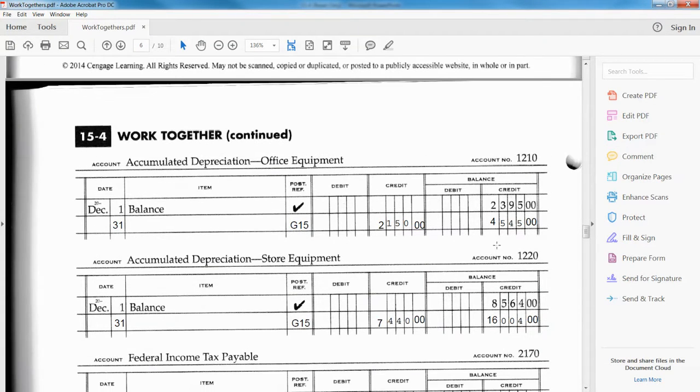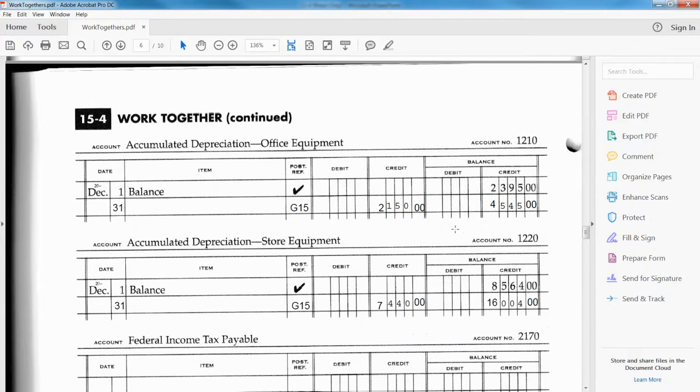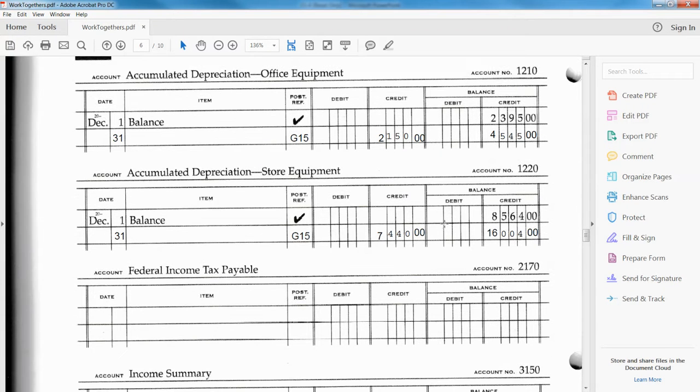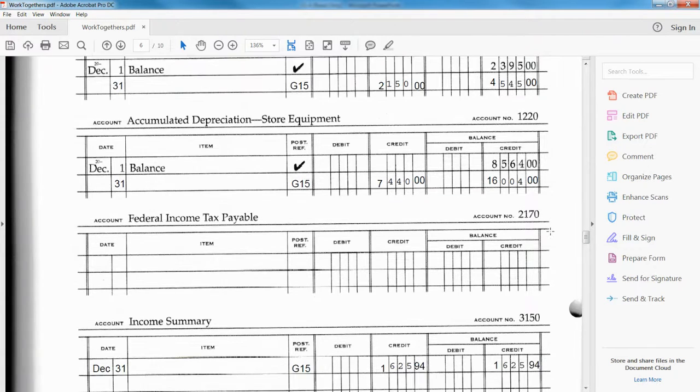So we add those credits together to get the new balance. Accumulated depreciation store equipment. Add the credits together to get the new balance.